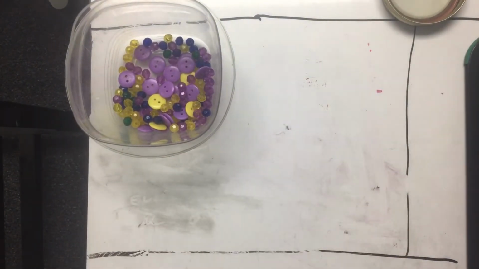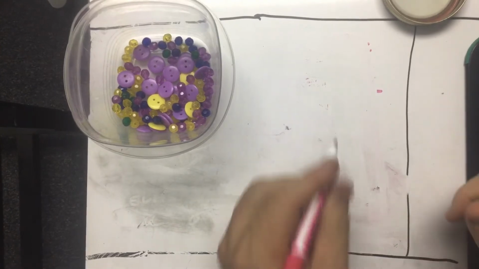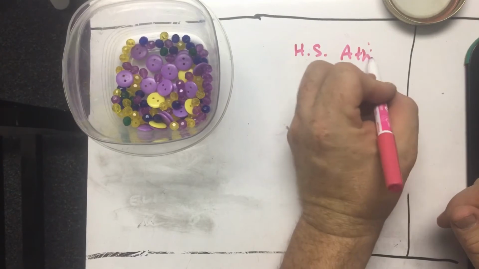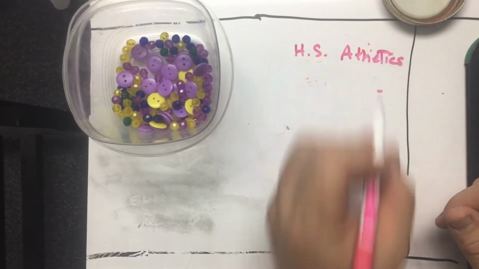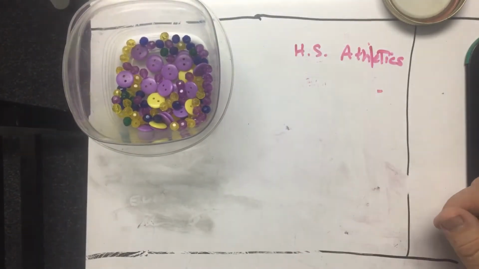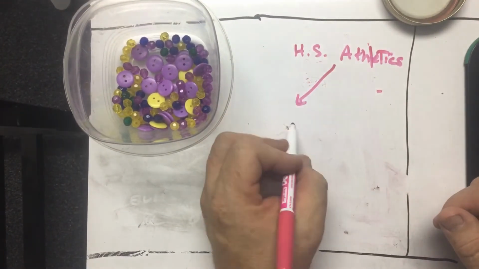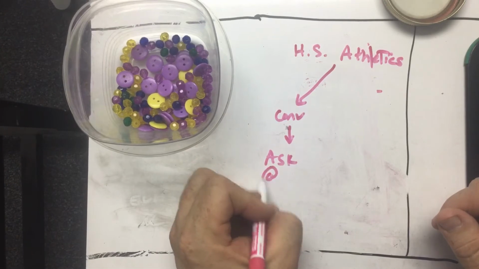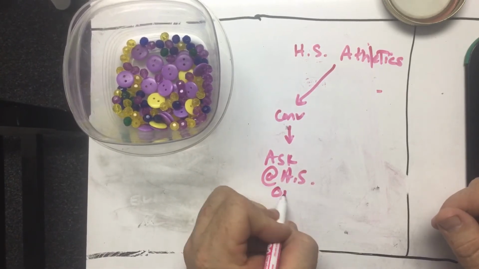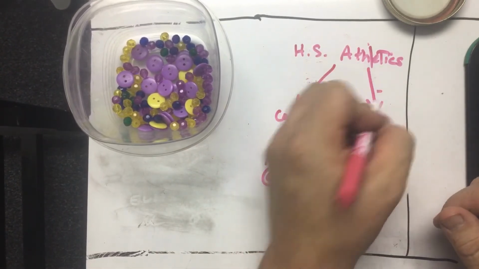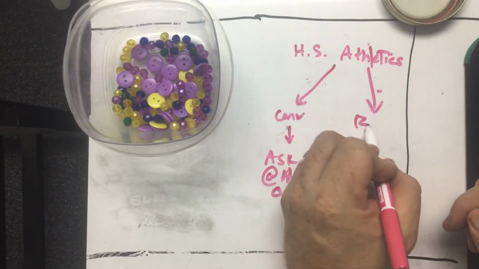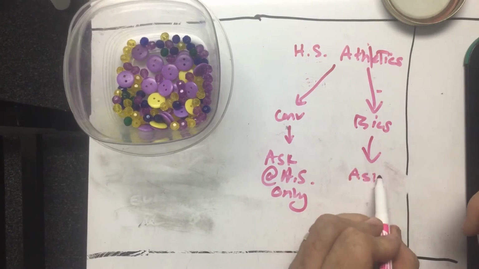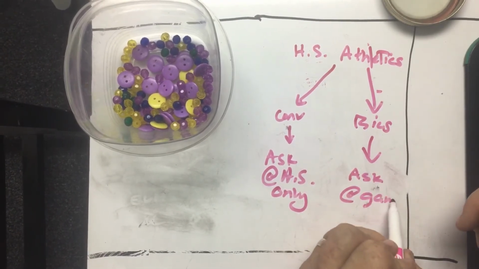So let's give another example, like a question about high school athletics. If we want to make it convenient, we ask at high school only. If we want to make it biased, we ask at games.